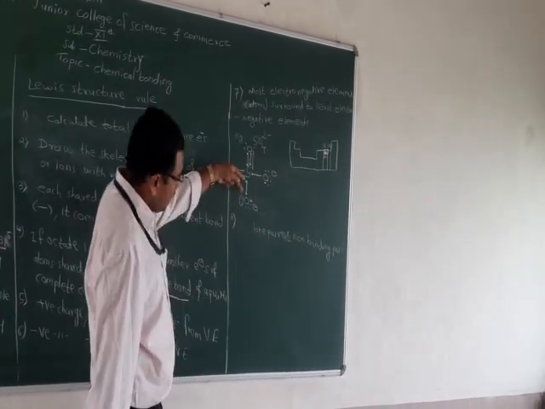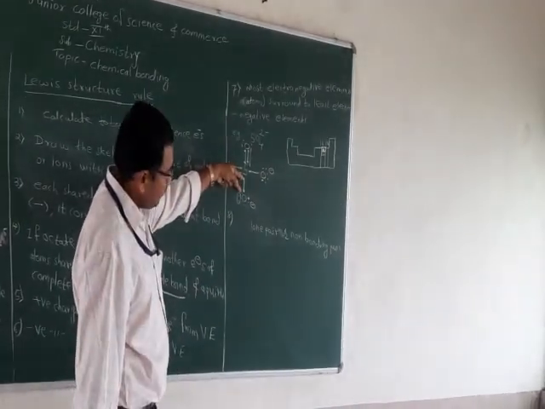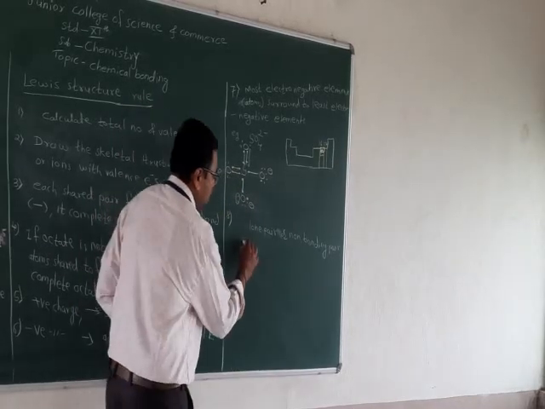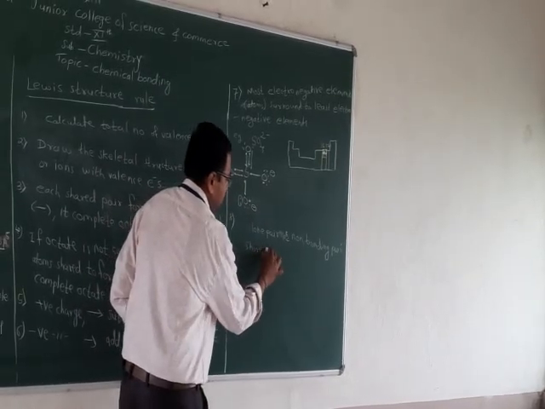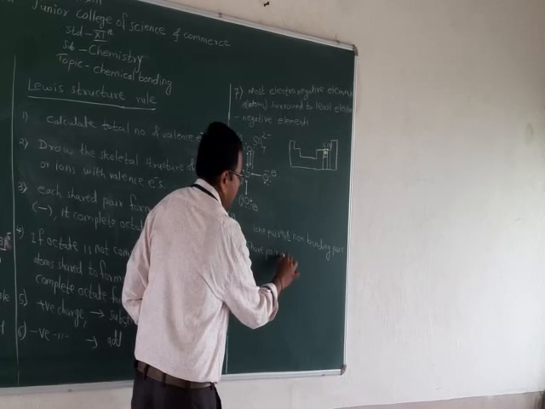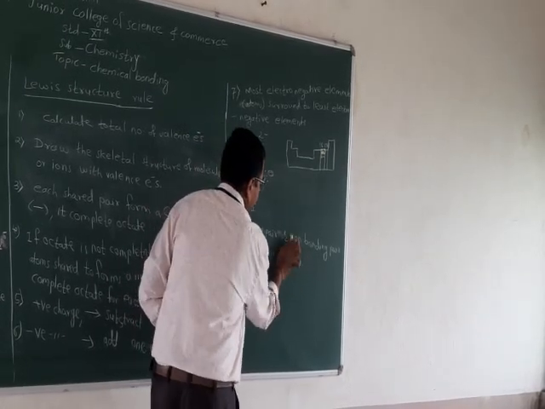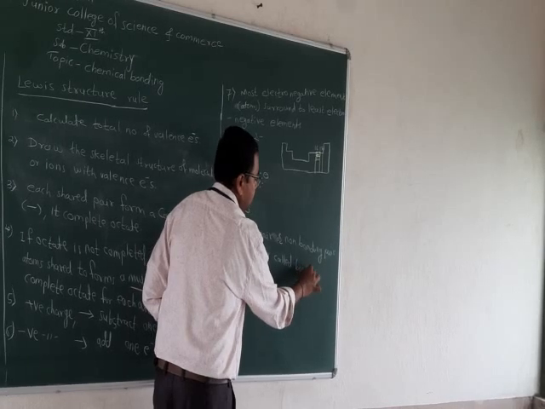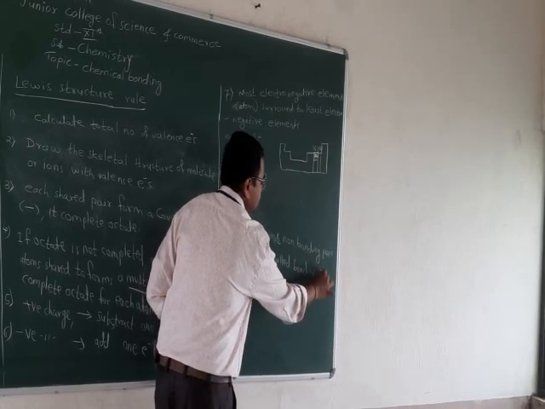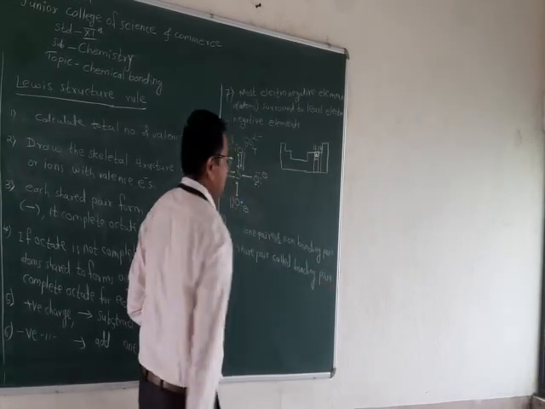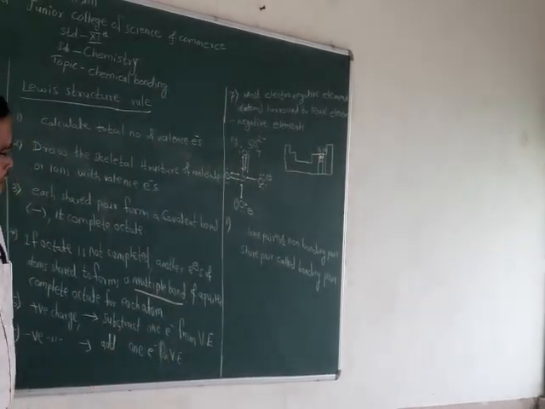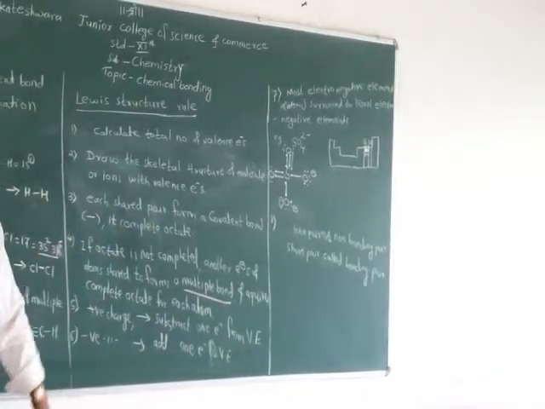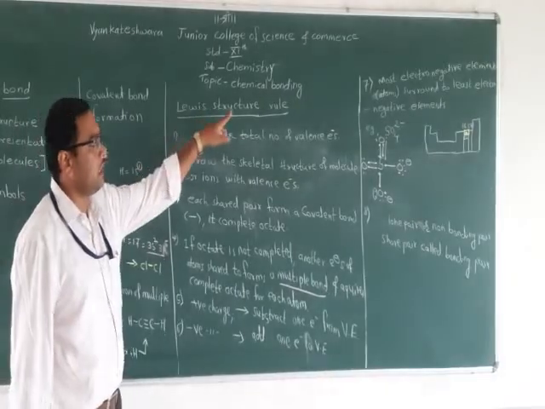While the shared pair of electrons is called a bonding pair. These 8 rules are used for representing the Lewis structure.